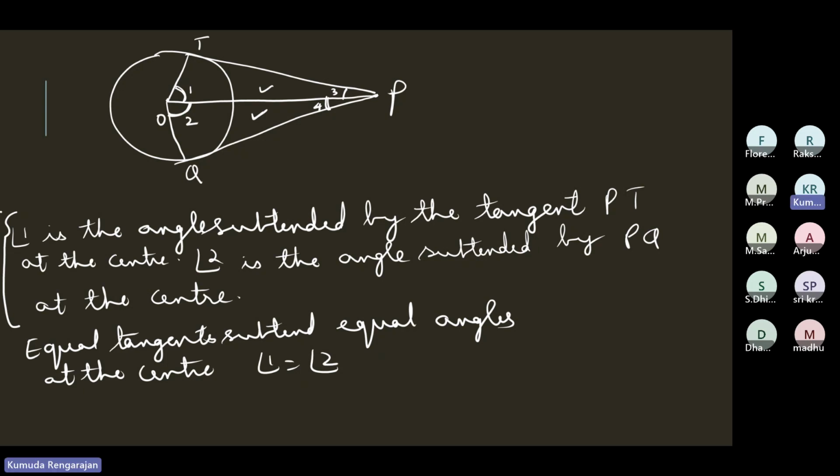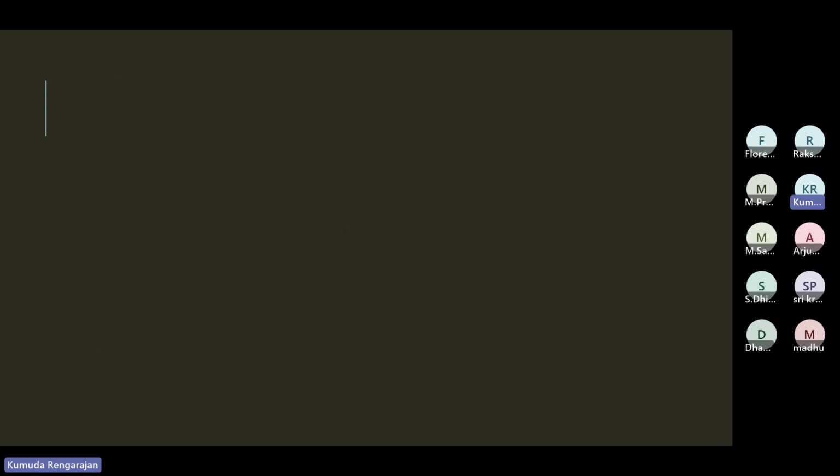Angle 1 is the angle subtended by the tangent. If you want to understand how you know that's the angle subtended, I'll tell you.